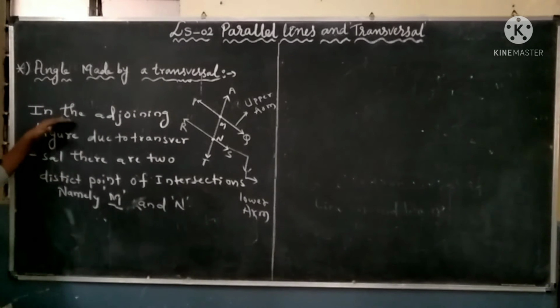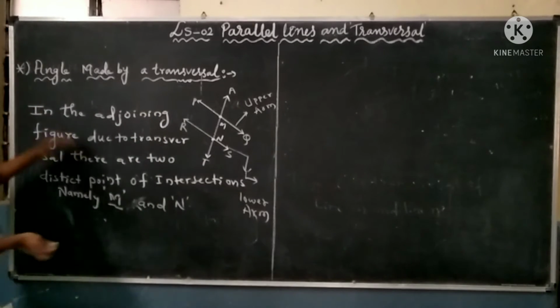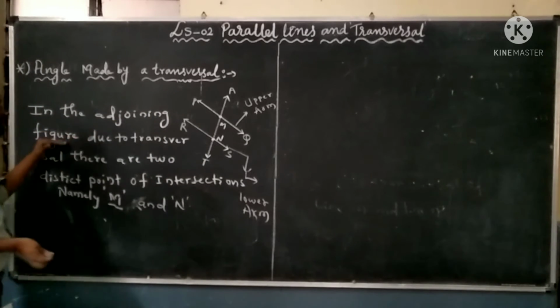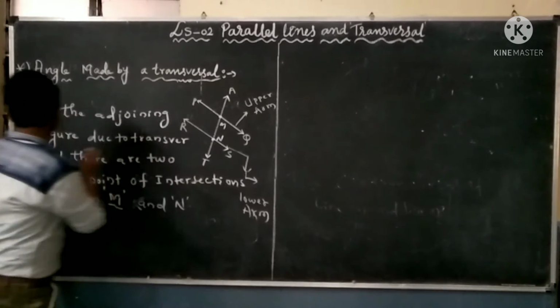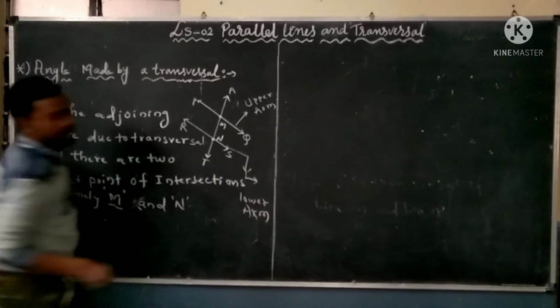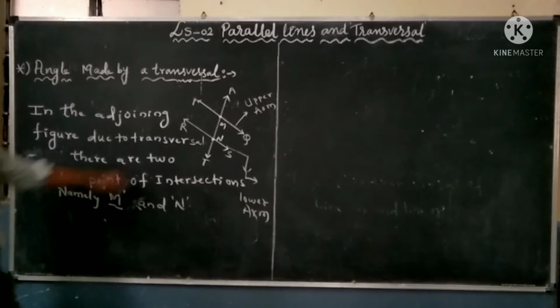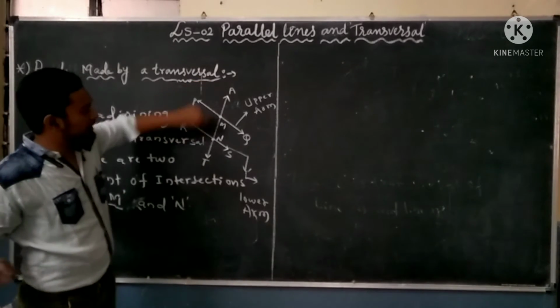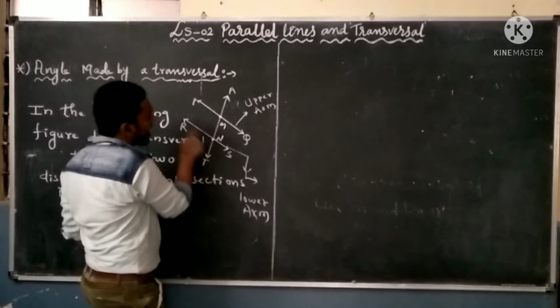Here in the adjoining figure, adjoining means side by side figure. Due to the transversal line here, AD is the transversal of the PQ line and RS line.